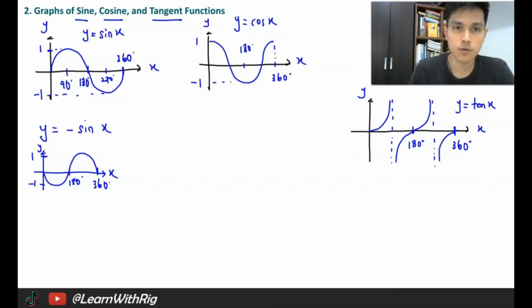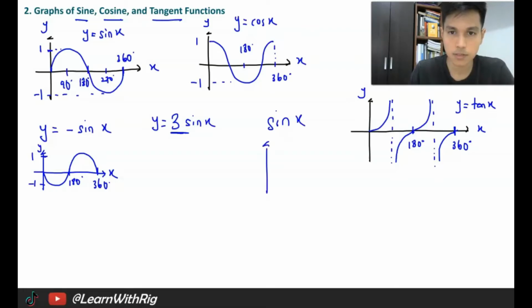Now what if the question gives you y equals 3 sine x. I told you all before, the front number tells you the amplitude, that means the height of the graph. So normal sine x is like this, and here is 1, here is negative 1.